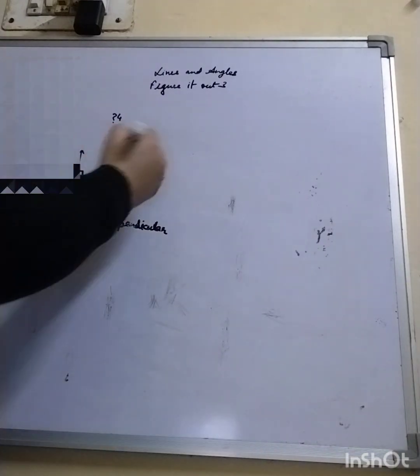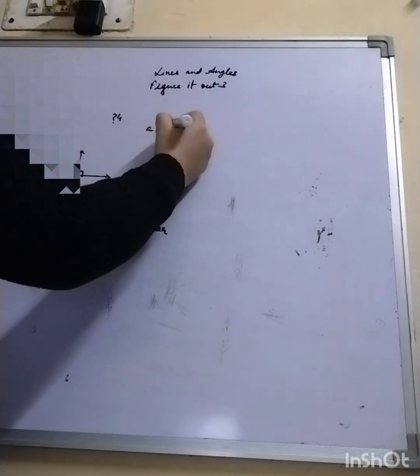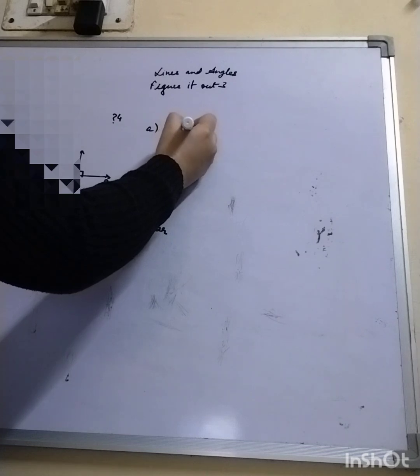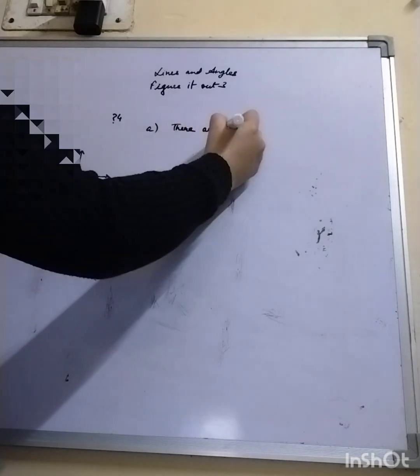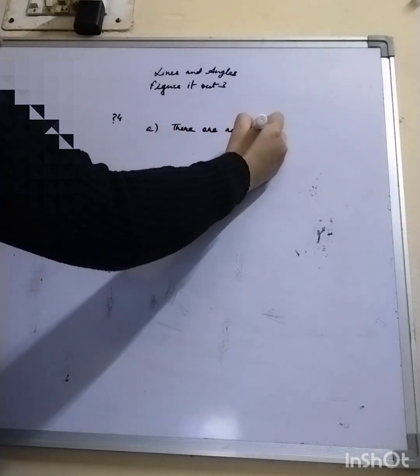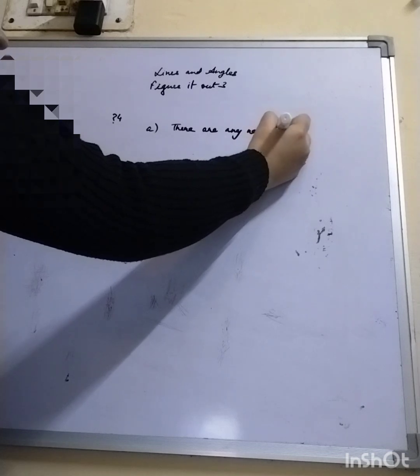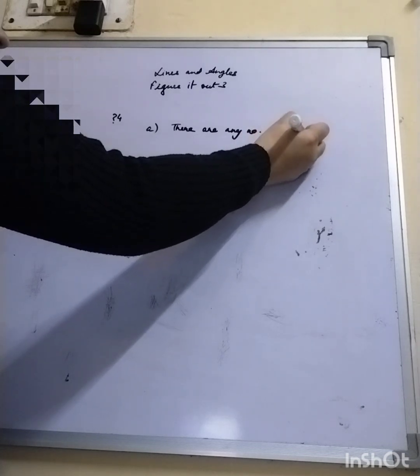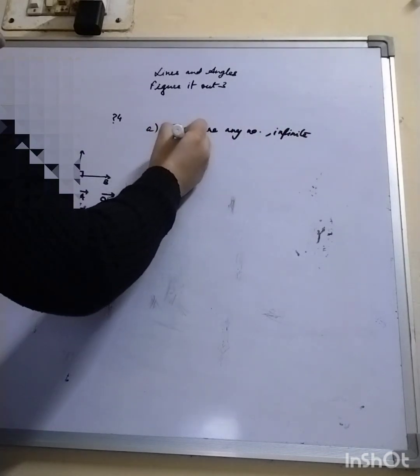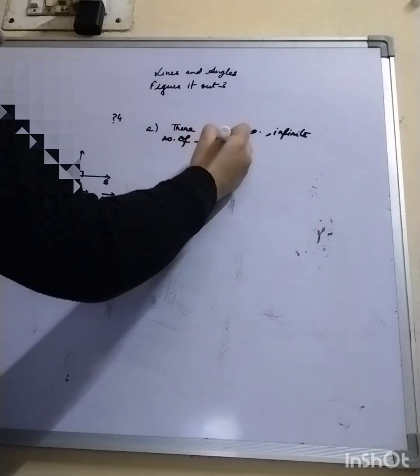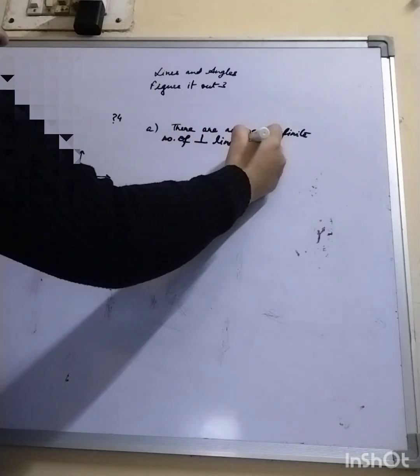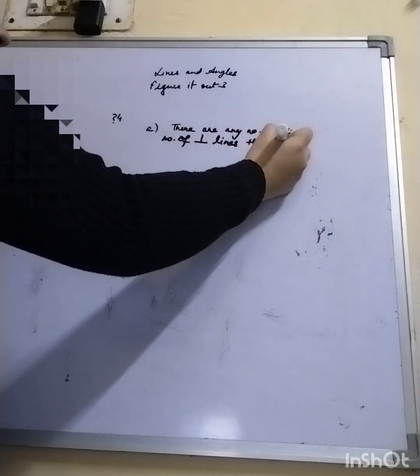So the first part answer would be, there are any number or infinite number of perpendicular lines that form a right angle.